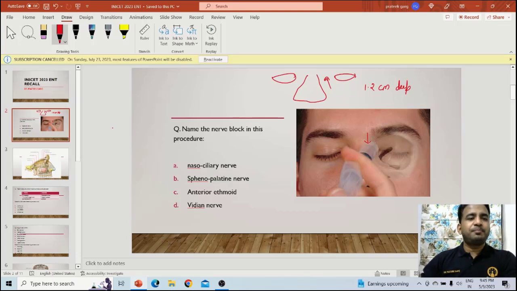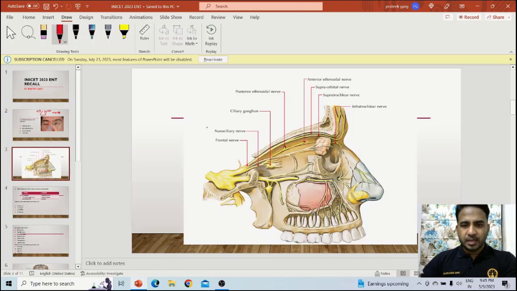So let's understand this better by this diagram. This is a diagram of the nose where we can see the trigeminal nerve, the fifth cranial nerve. From the trigeminal nerve, three branches arise: V1, V2, and V3. V3 is mandibular, V2 is maxillary, and V1 is the ophthalmic division.